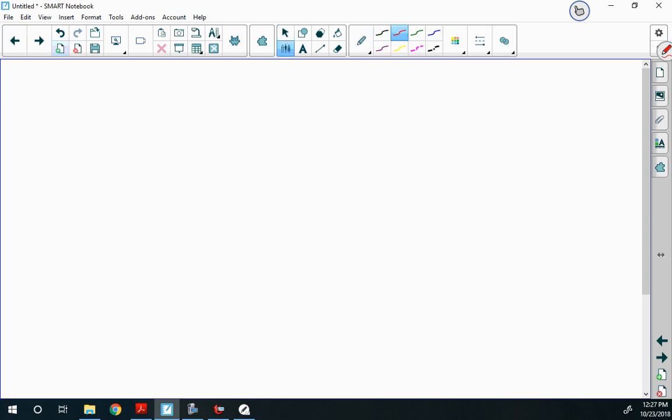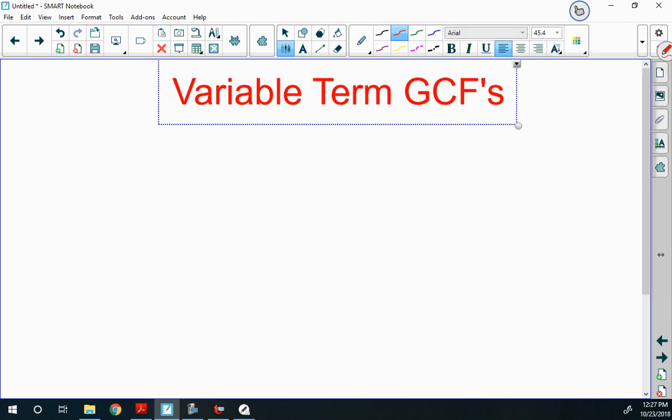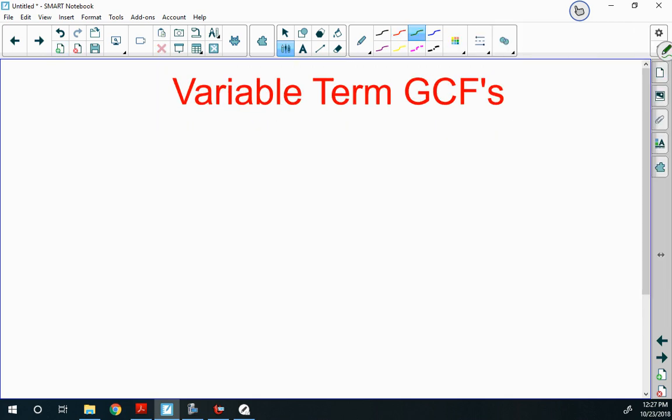So let's look at variable term GCFs. Let's see if we can figure out a few of these. Let's look at 3x to the 4th and 6x squared. Let's see if we can figure out the GCF of those.